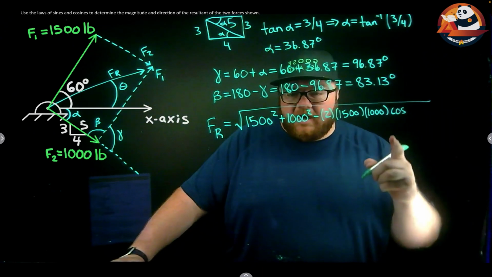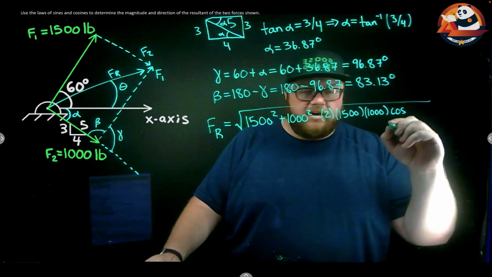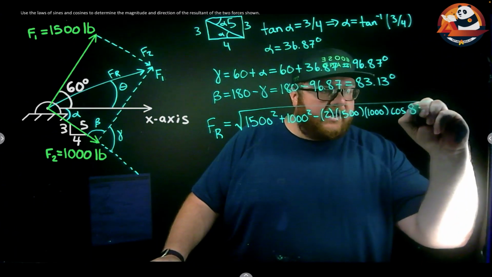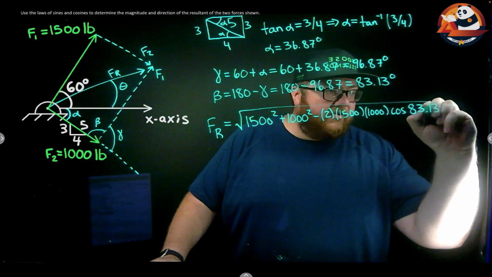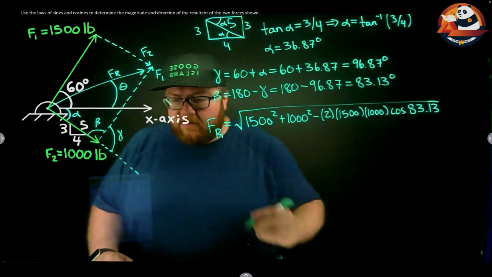The angle in between them is beta, the same as the opposite angle as FR. Cosine of 83.13 will get us that resultant force in here.